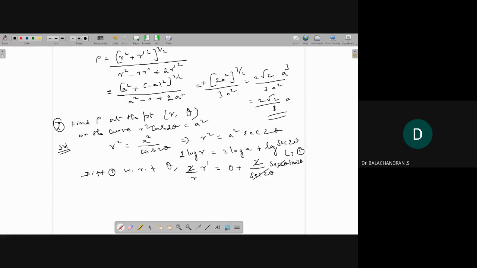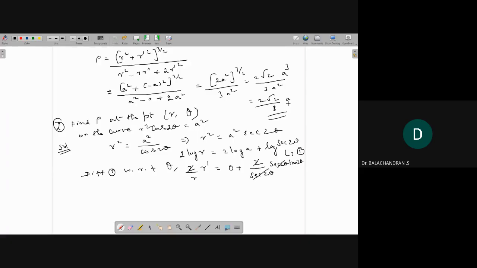So a square plus a square gives 2a square whole power 3 by 2, divided by a square plus 2a square, which is 3a square. 2 power 3 by 2 is 2 root 2, and a square whole power 3 by 2 is a cube, divided by 3a square. The final answer is 2 root 2 by 3 into a. So this is the final answer.